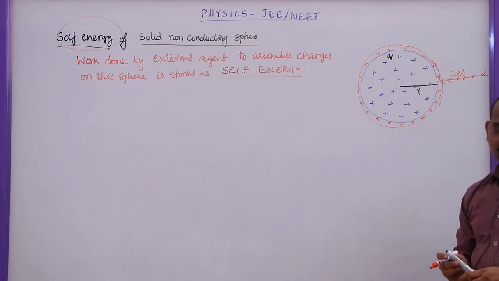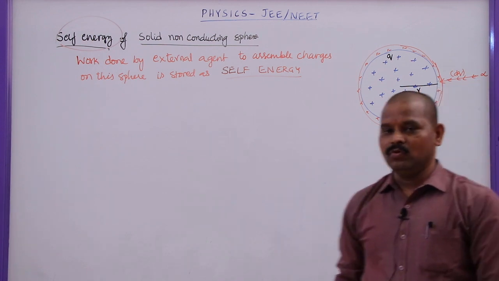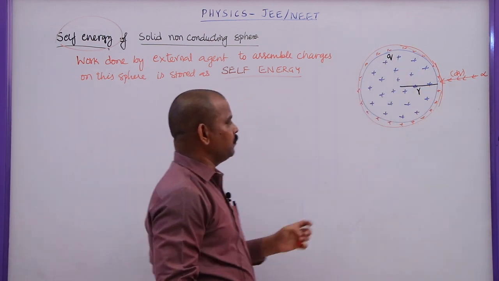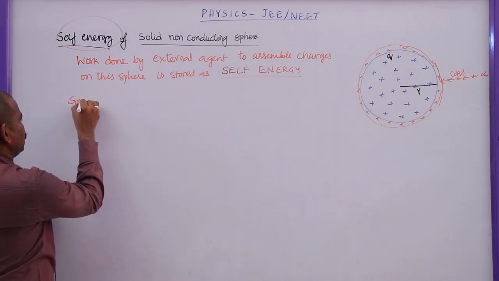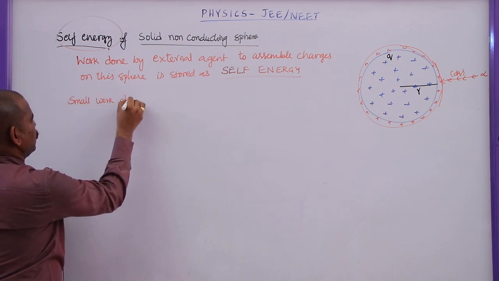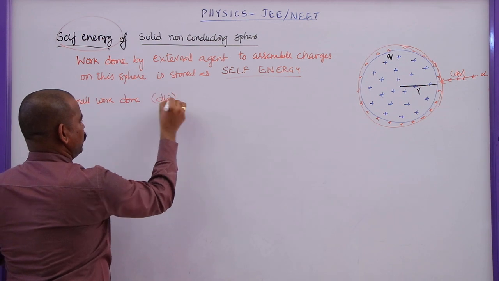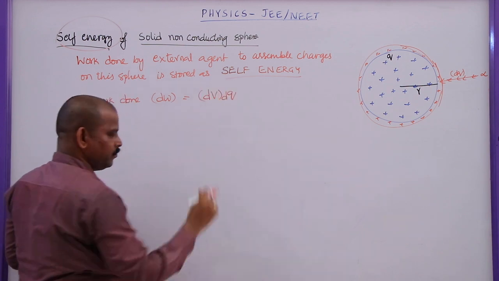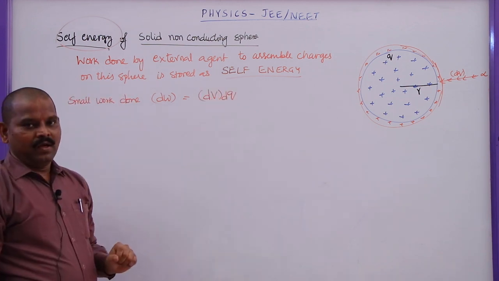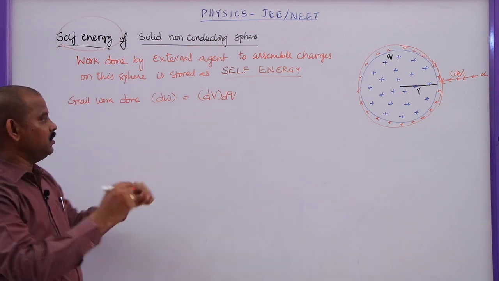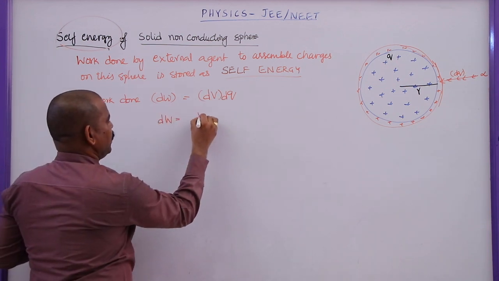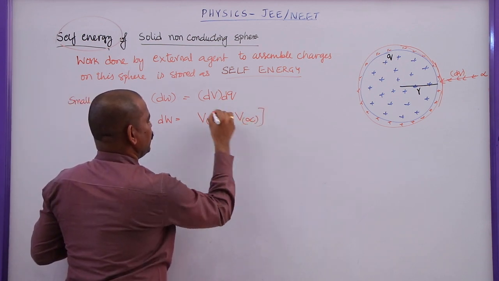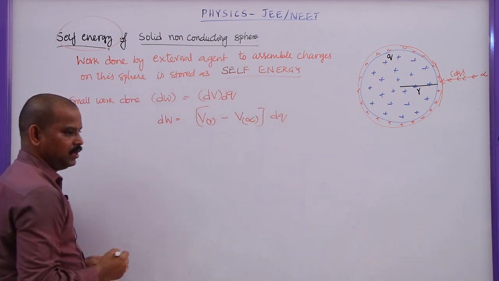Now how to find the work done here? The small work done dW to arrange the charges, which are indicated in red color on the surface, is given by dV into q, where dV is the potential difference between the surface and infinity. So dW is given by the potential on the surface of the sphere minus the potential at infinity, into the charge that we are bringing, dq.